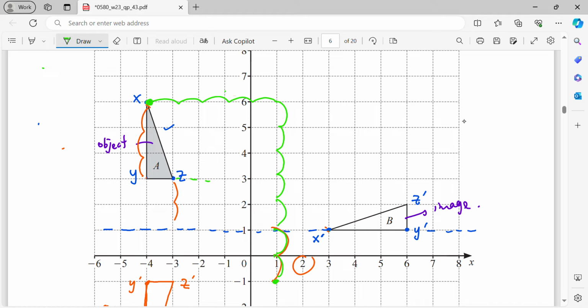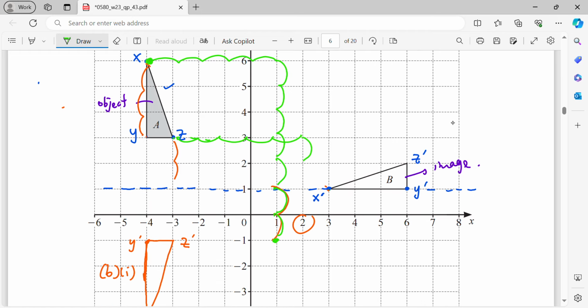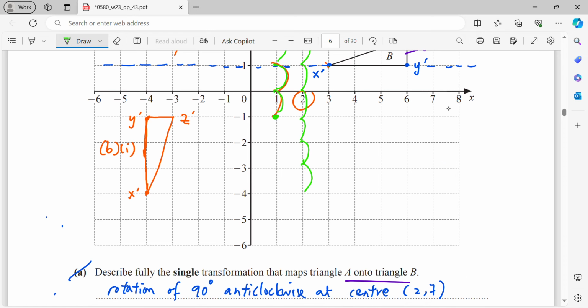Okay, so for the Z, again 5 units to the right. So here 1, 2, 3, 4, 5. Then 7 units down. So 1, 2, 3, 4, 5, 6, 7.